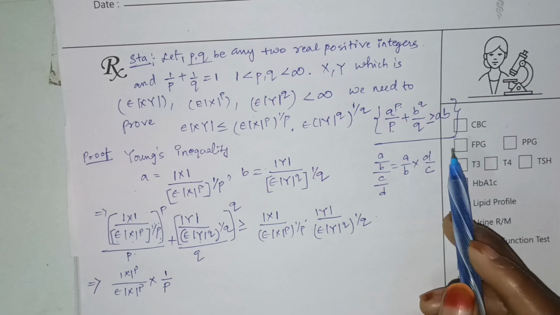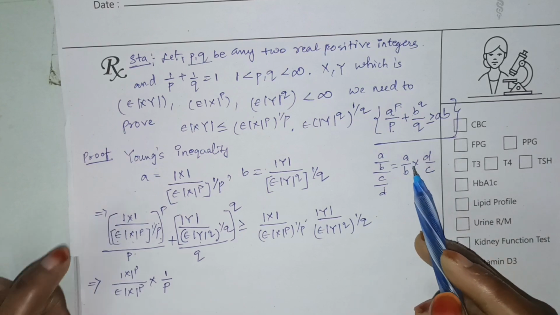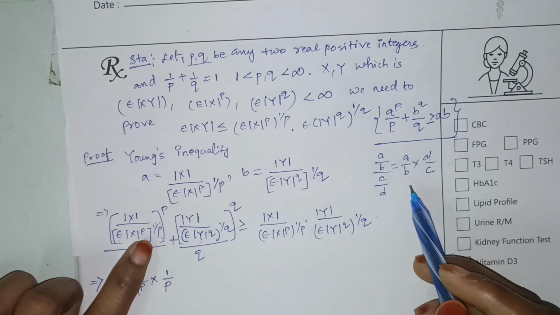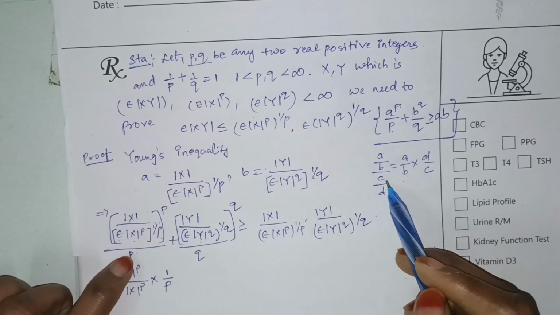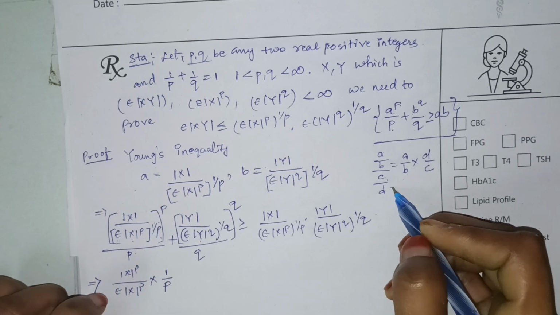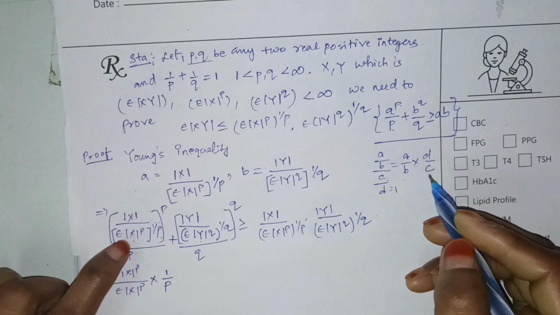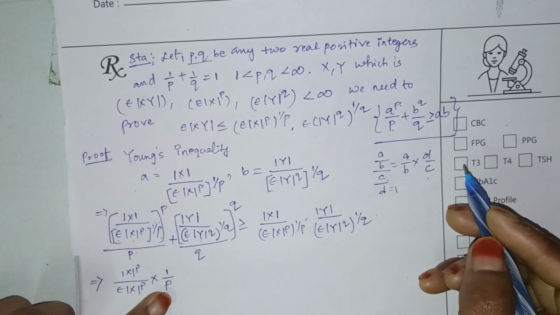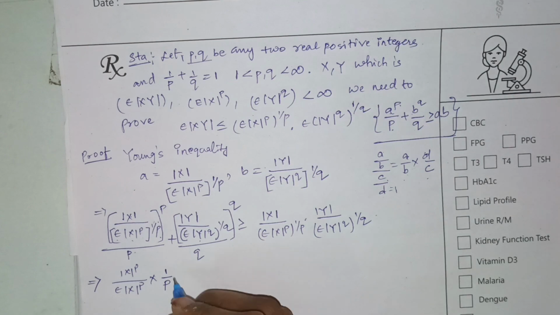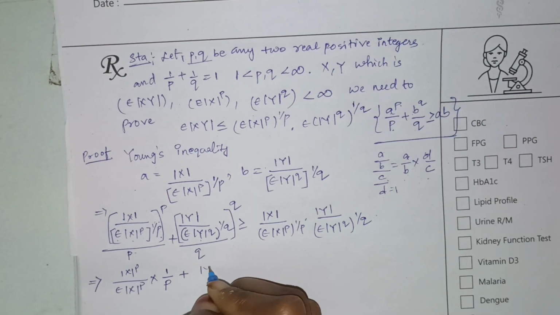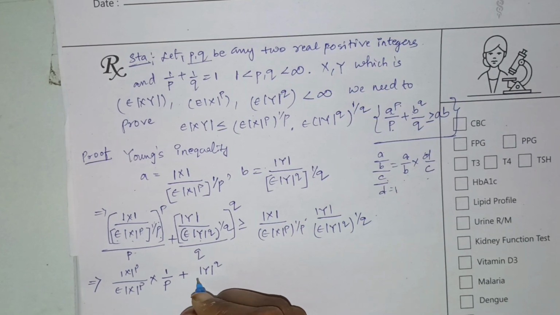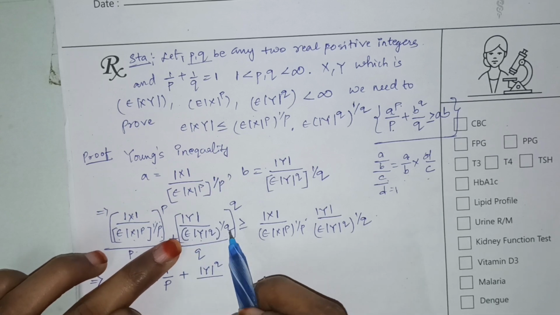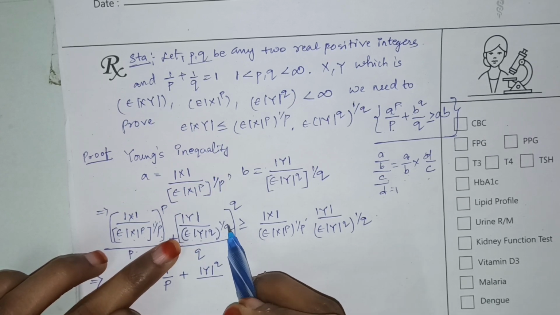Here, suppose a is mod x and b is expectation of mod x to the power of p, then c is this one and d is 1. Then a by b is this one, then d by c. D is 1, therefore 1 by p. And plus mod y to the power of q divided by, here also for this whole you have to the power of 1 by q.